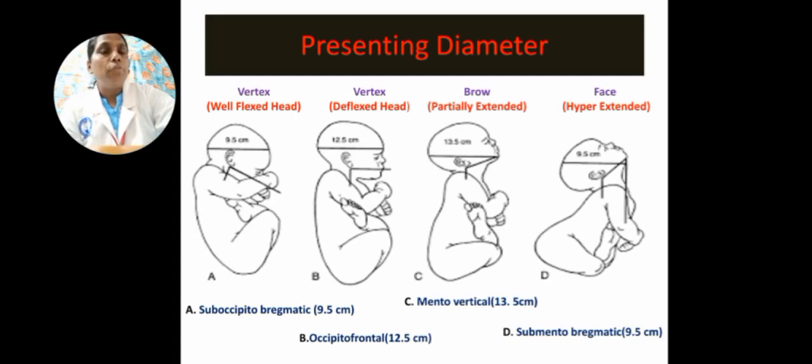In brow, when the head is partially extended, the longest diameter of the fetal skull, the mentovertical 13.5 centimeter, is the presenting diameter. And in hyperextension, that is face presentation, the submentobregmatic 9.5 centimeter becomes the presenting diameter.